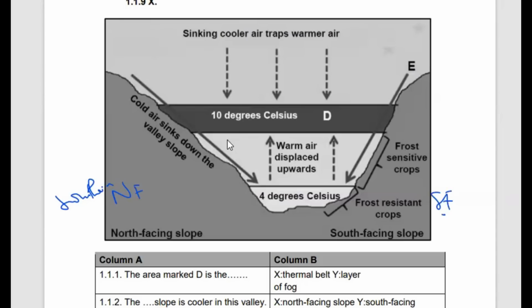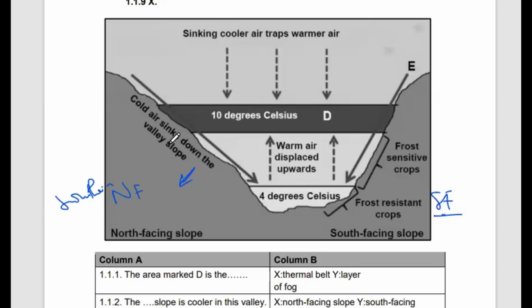In the southern hemisphere, it is the north-facing slope that faces towards the direction of the sun, mainly in our winter season when the sun is low in the sky. So it is the north-facing slope that receives insolation, and the south-facing slope faces away from the direction of the sun.